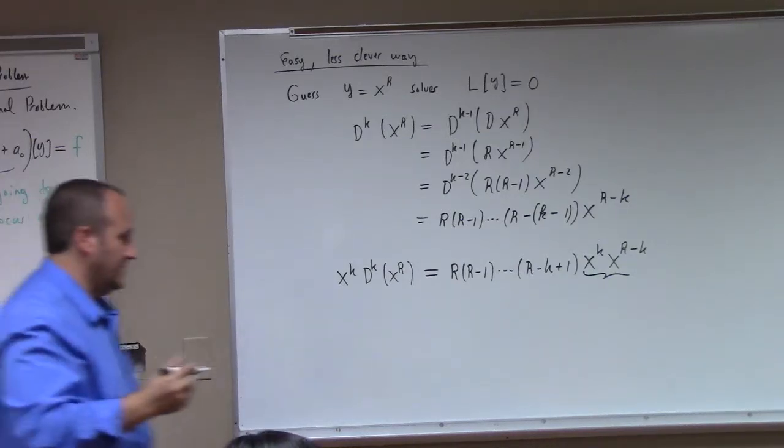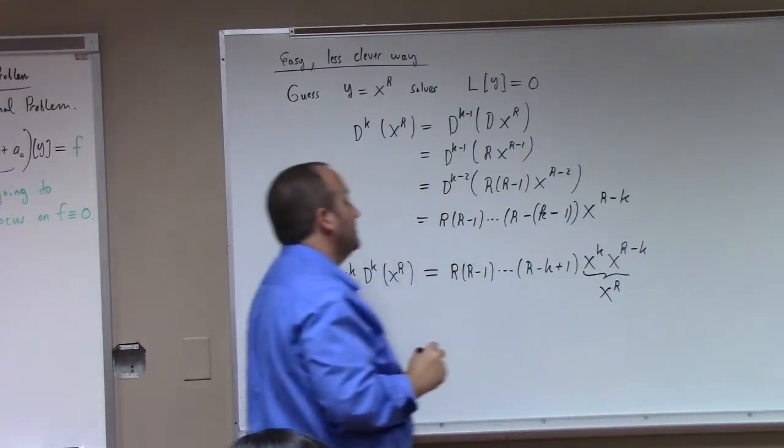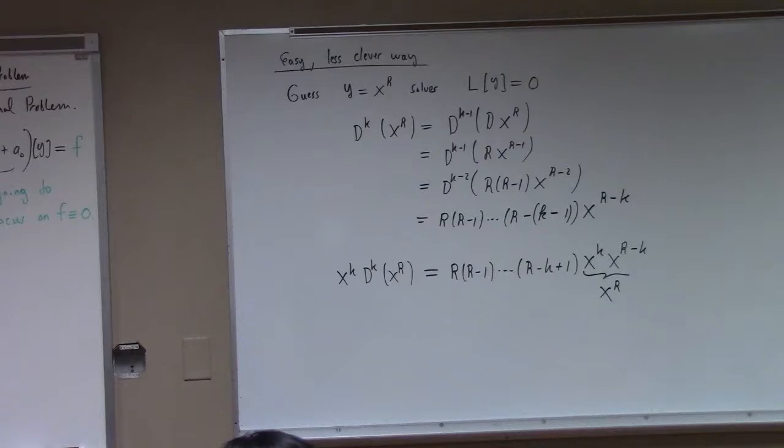Right. x to the r. And which k does this calculation work for? If you look at it, it's going to make sense whether k is equal to 1 or 2 or 3 or 4 or whatever. So this calculation works as we plug in and do it on each term here.